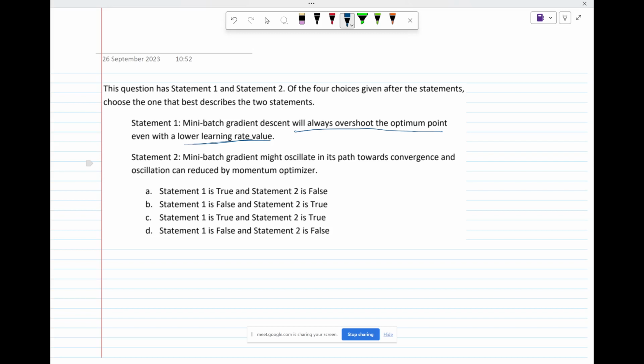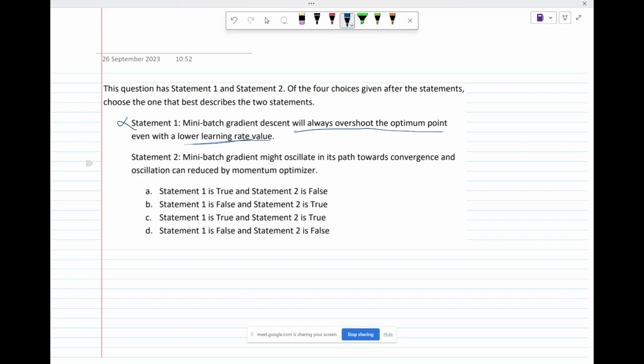Because usually when you have a higher learning rate is when you overshoot your optimum point. Here they are saying it will overshoot the optimum point even with a lower learning rate. So we have no reason to feel that it should happen this way. So we can say statement 1 is false.